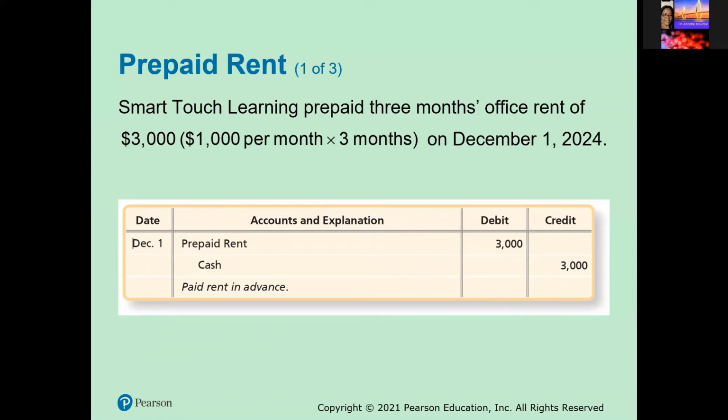So after posting, prepaid rent has a $3,000 debit balance. Here you see on December 1st, the journal entry that is made is a debit to prepaid rent of $3,000 and a credit to cash of $3,000.